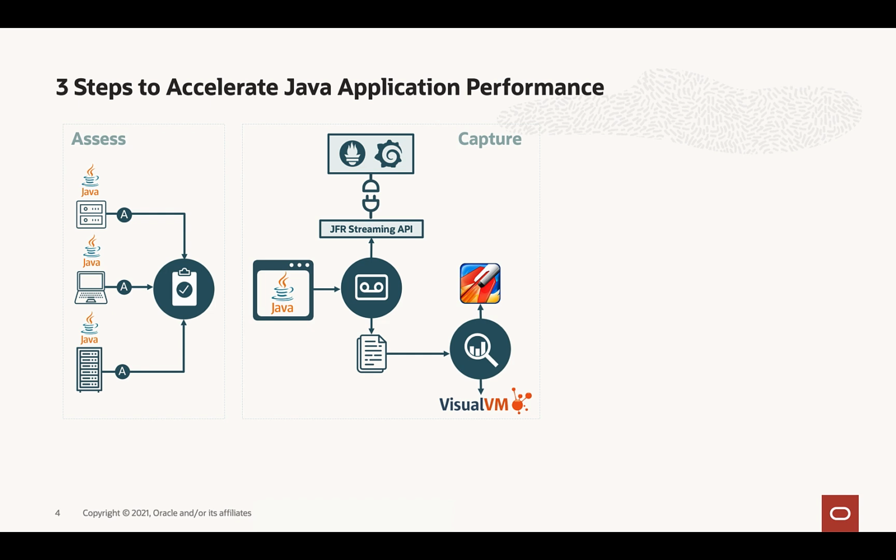So JDK Flight Recorder, JFR, is a monitoring tool that collects information about the JVM during the execution of Java applications. And it's an event-based tracing framework that's actually built in to the Java runtime. So it's suitable for production environments, and it actually allows correlation of data from different subsystems in different software layers.